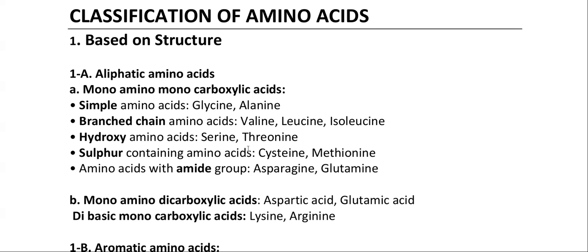Sulfur containing amino acids are cysteine, methionine. Amino acids with an amide group are asparagine and glutamine.